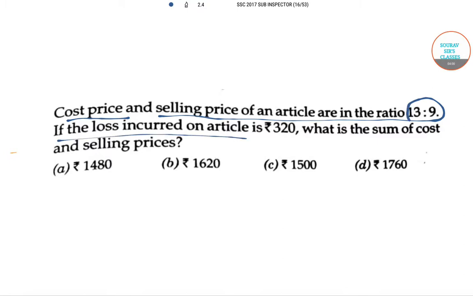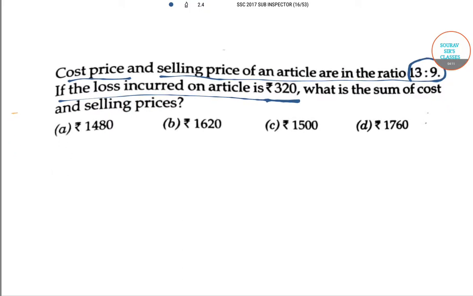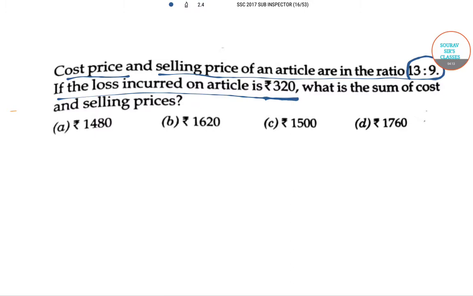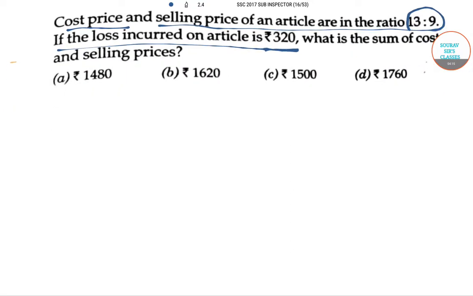If the loss incurred on the article is rupees 320, then we'll have to find out the sum of cost and selling prices. Here 4 options are given, and we'll have to choose the correct option.